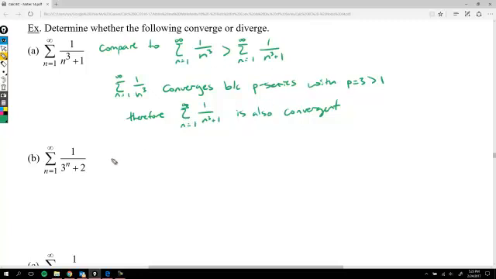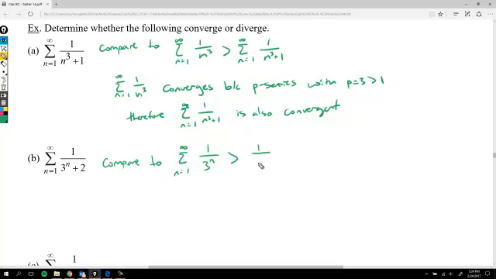In our second one, I'm going to compare this to the sum just 1 over 3 to the n, so I'm getting rid of the plus 2. Now this is a geometric series where the absolute value of r is less than 1, it's 1/3. So I'm comparing this.